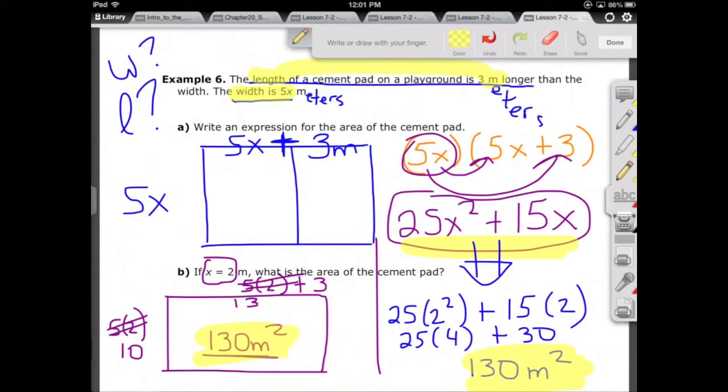Sure, it was 5x wide by 5x plus 3 long, but if you multiply that out, another way of saying that is the area of this whole rectangle right here, if you actually do the length times width, is this value. It's another way of saying it. Mathematically, it's totally dead on.